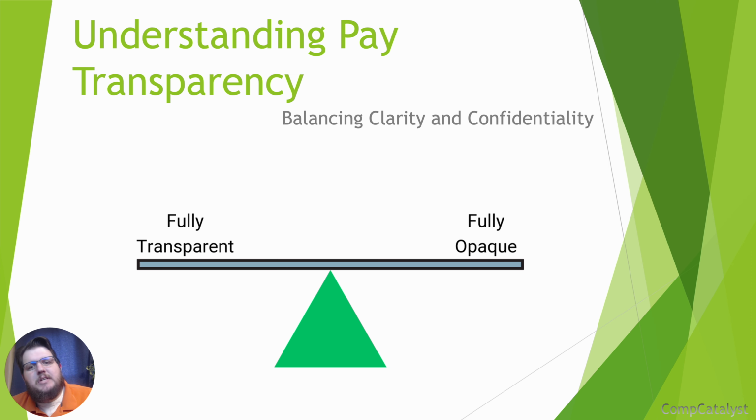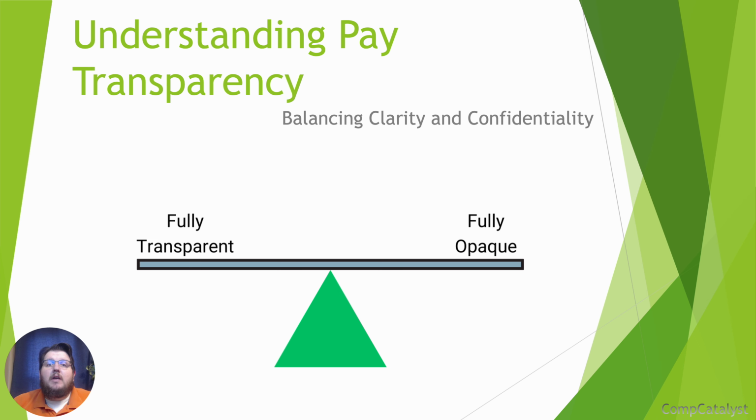When employees understand that pay is based on experience, job level, market data, and performance, it builds trust and reduces speculation. The goal here isn't to reveal every single number, but to provide enough clarity so that everyone understands the rationale behind compensation decisions.